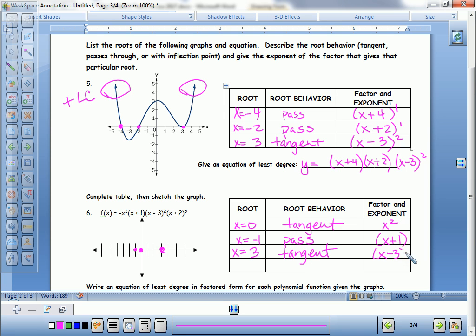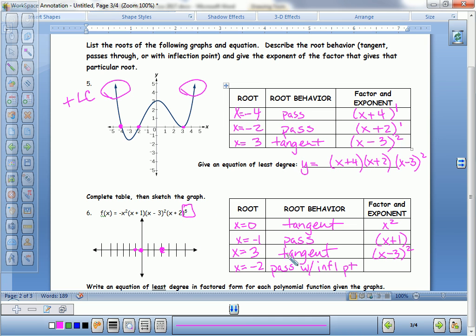I was confused on the next one. Yeah, you didn't really need. And the next one is -2. Now, this is an odd power that's bigger than 1. So it's actually going to pass with an inflection point. Or with inflection, that's fine.